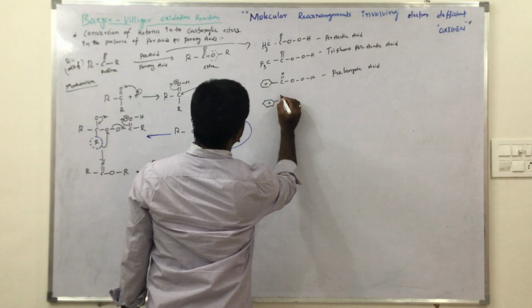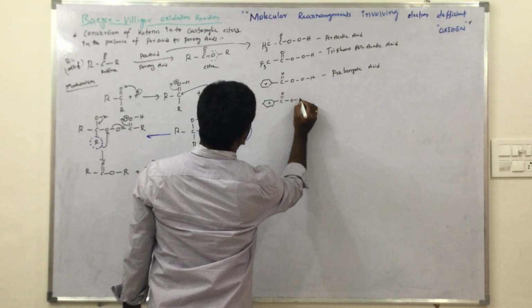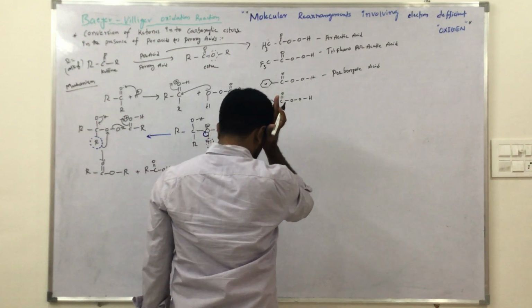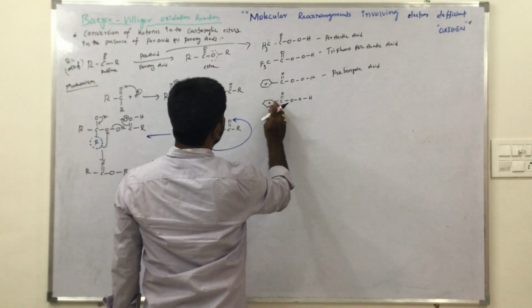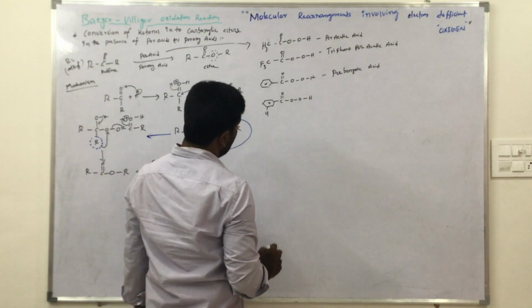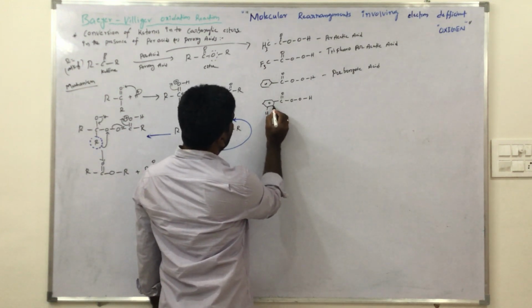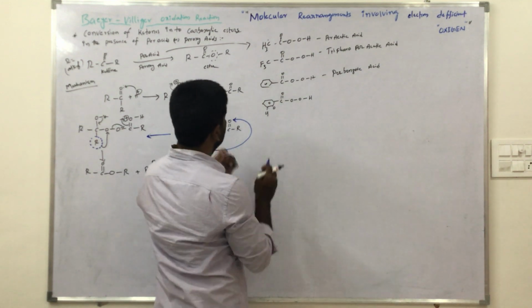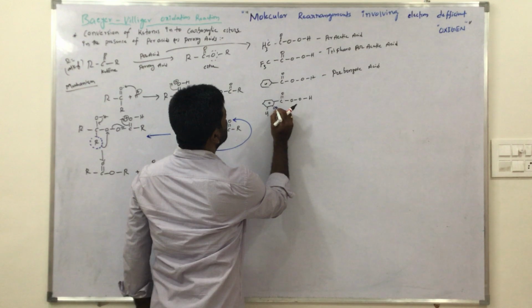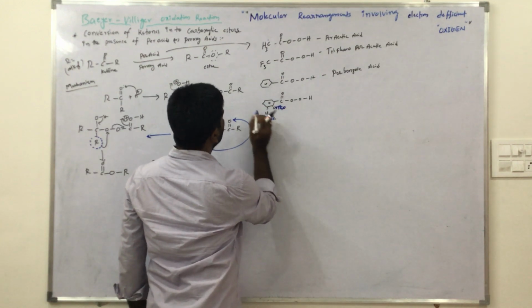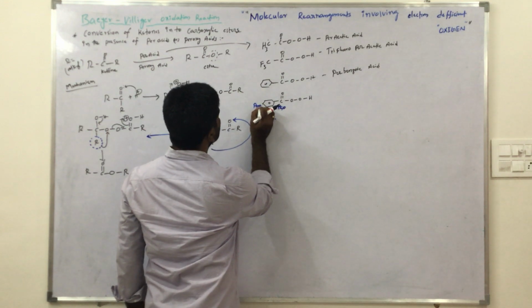Now, same, C double bond O, OH, with chloro on the ring. This position is ortho, this is meta, and this position is para.